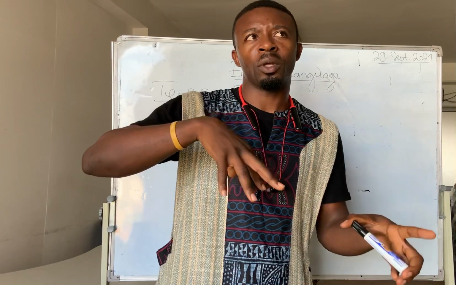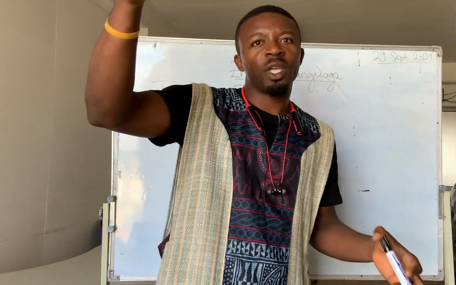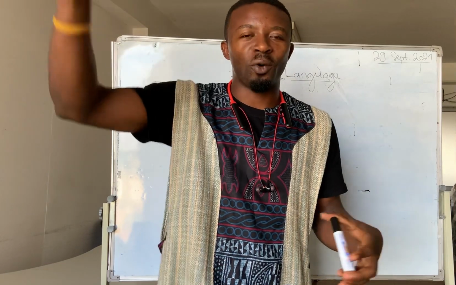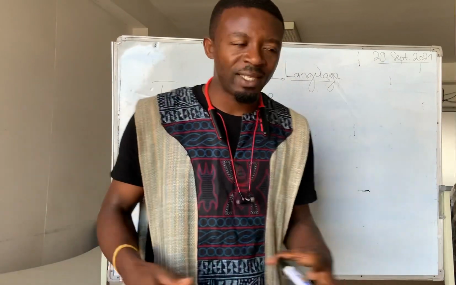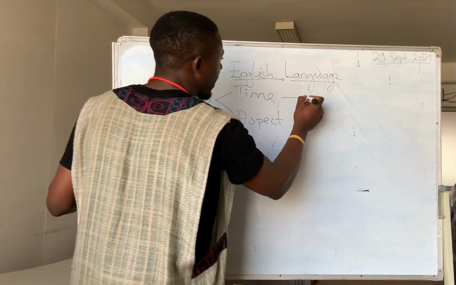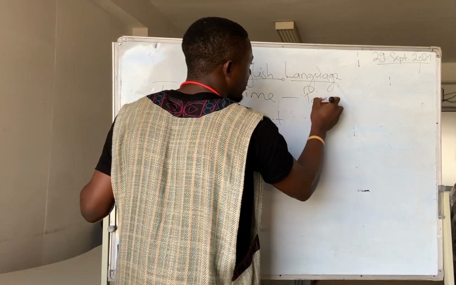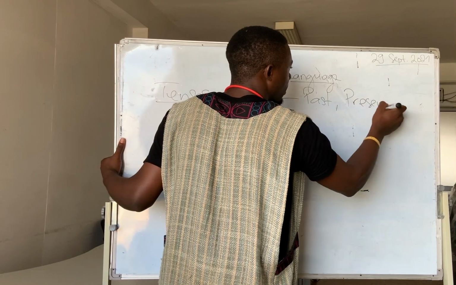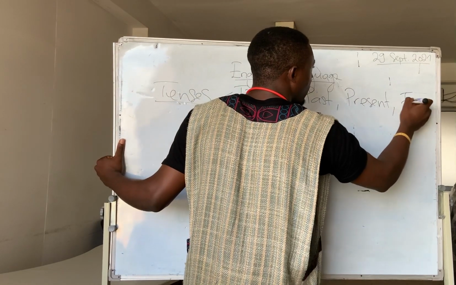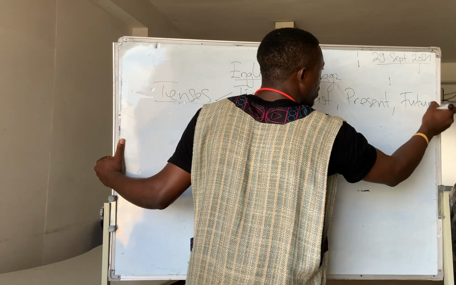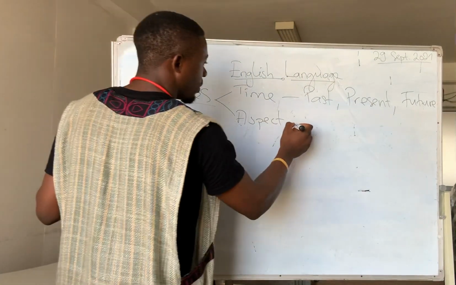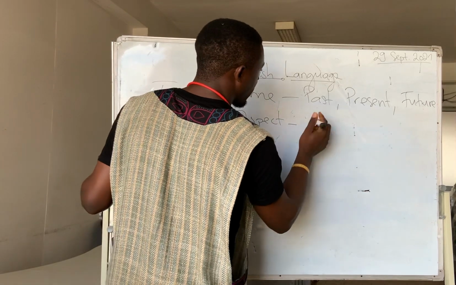Well, if it should take place in the future, will it continue for some time before finishing, or things like that. In essence, time here has to do with the past, the present, and the future, whereas aspect has to do with the simple.